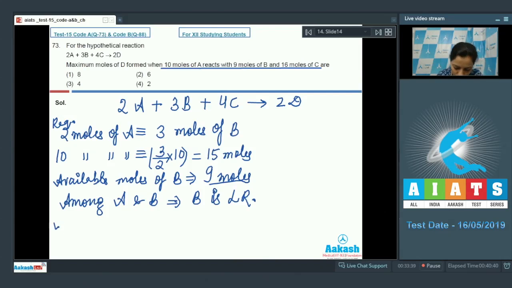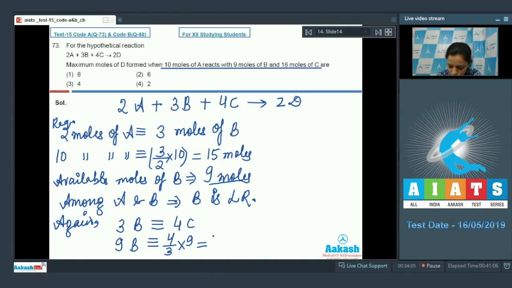So as per the reaction, once again I'm just doing the same thing. As per the question, 3B requires 4C. On the basis of that, we can simply say if available moles of B are 9, then for that 9 moles of B, you need 4 by 3 into 9, and that is equal to 12 moles of C. And what are available moles of C?